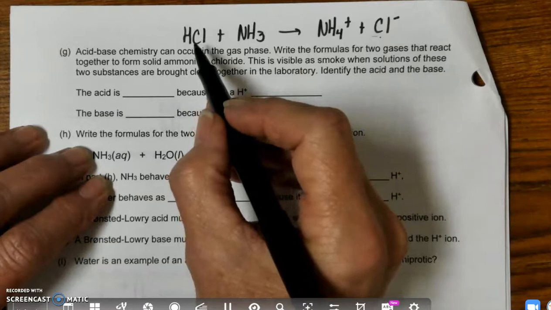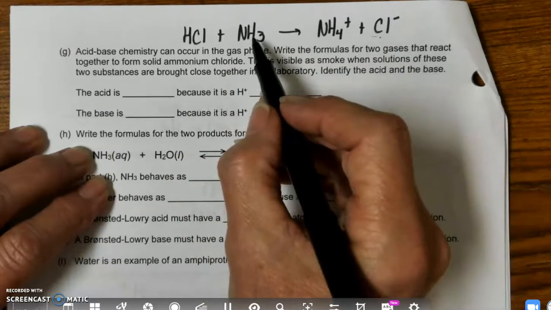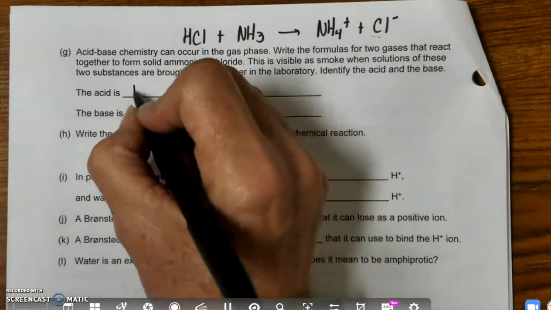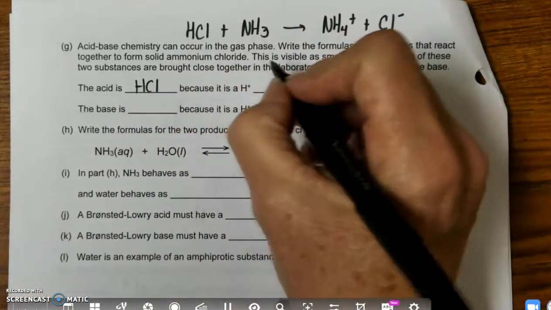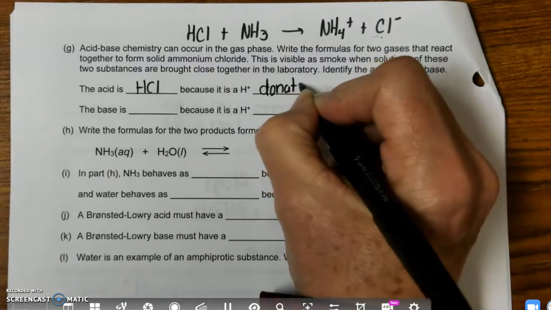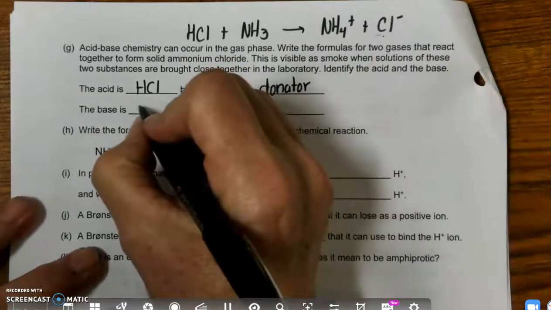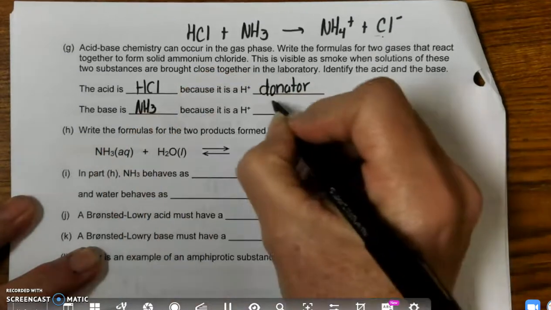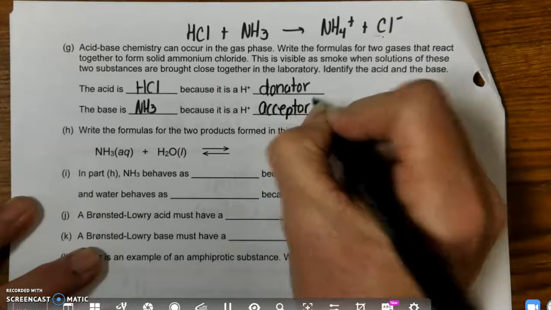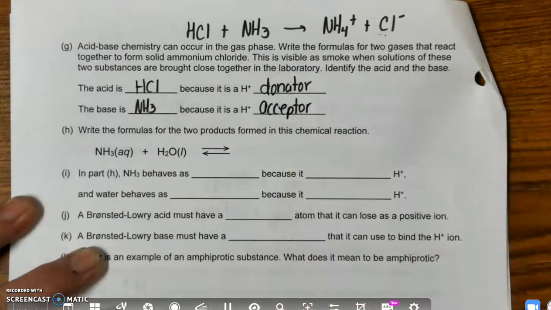And if you notice, what happened is we've got a transfer of a hydrogen to make this happen. The acid is HCl because it is a proton donator. And the base is ammonia because it is a proton acceptor. And so the acid-base chemistry happened without any water at all.